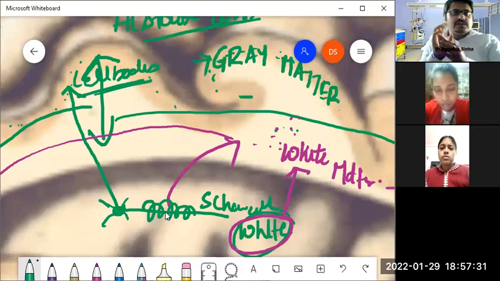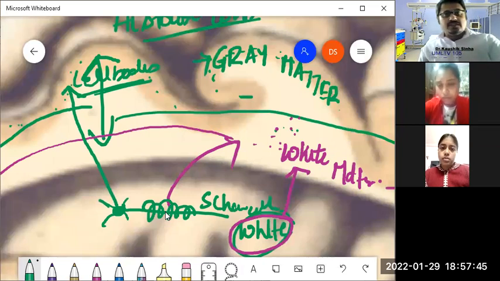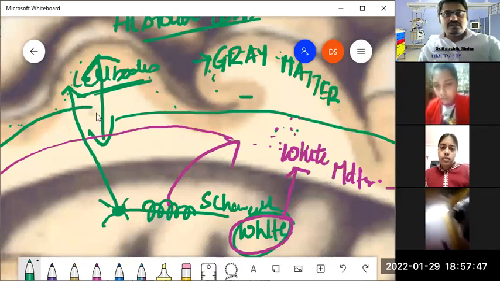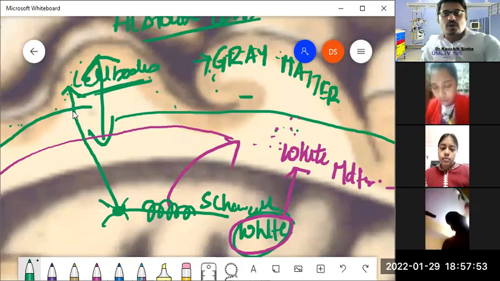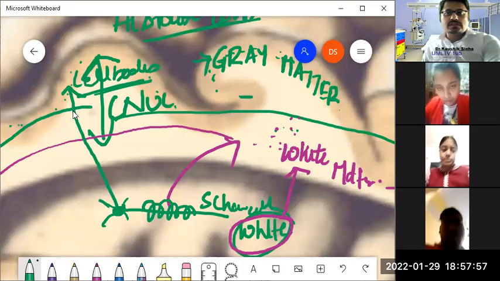And the cell bodies are organized into groups of cell bodies. And the gray matter is entirely made up of these groups of the cell bodies. And these groups of the cell bodies present in the gray matter or any part of the central nervous system, we already know, is termed as nucleus.